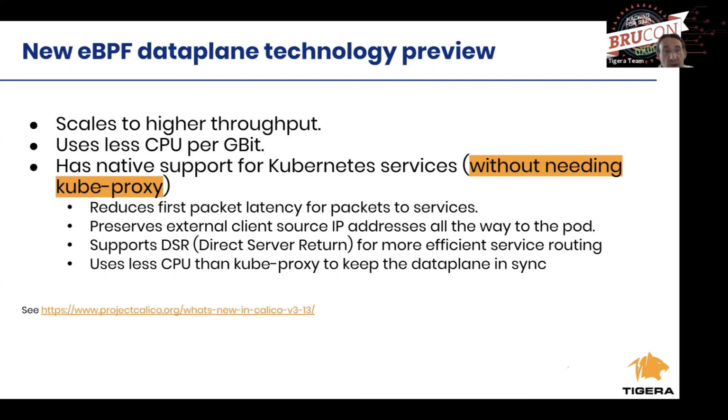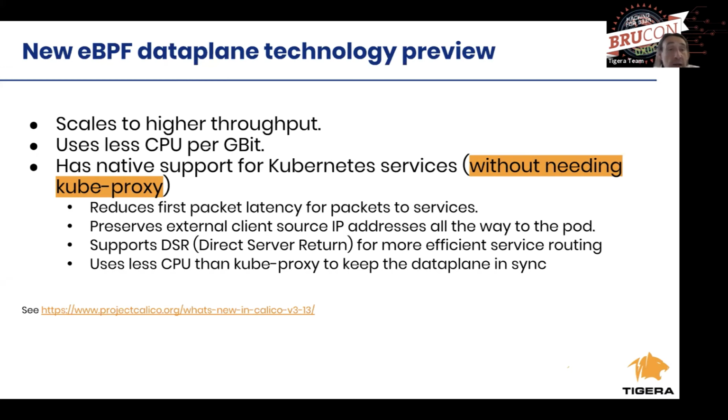Now, if you look around today on the internet, or you ask yourself the question, do I actually need kube-proxy? You'll find some links. Some vendors replace kube-proxy by their own kube-proxy. Some will tell you that eBPF might be a solution going forward.